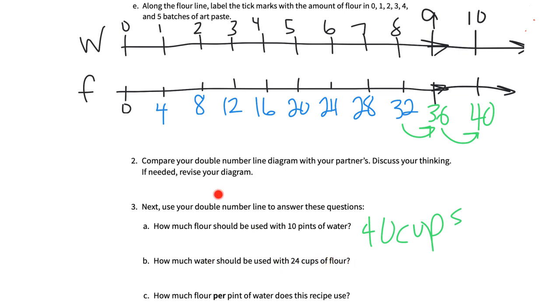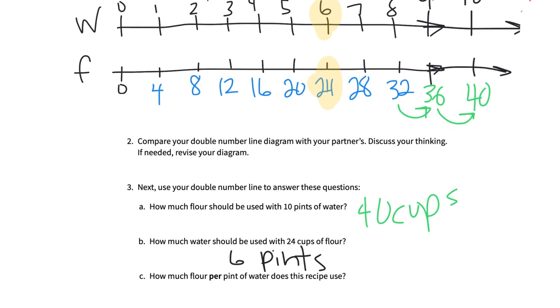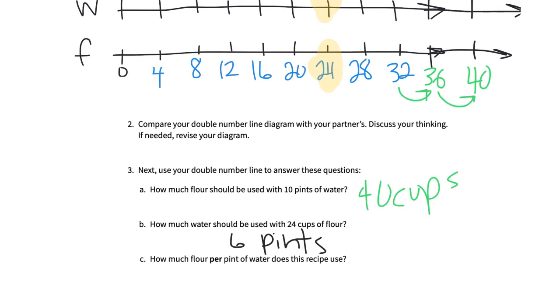24 cups of flour. So here's my 24 cups of flour. How much water? Boom, right here. There is my relationship. With 24 cups of flour, I'm going to have 6 pints of water. And then lastly, how much flour per pint? So if you have 1 pint of water, how much flour do you need?